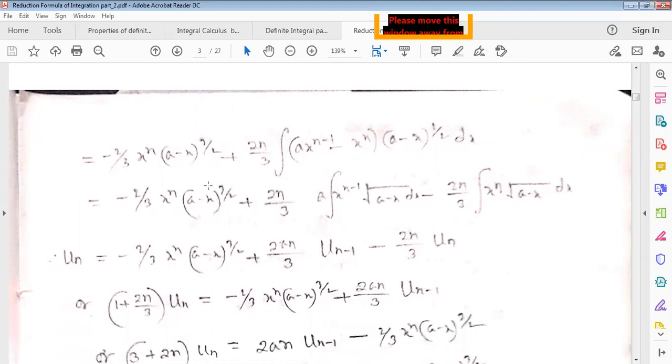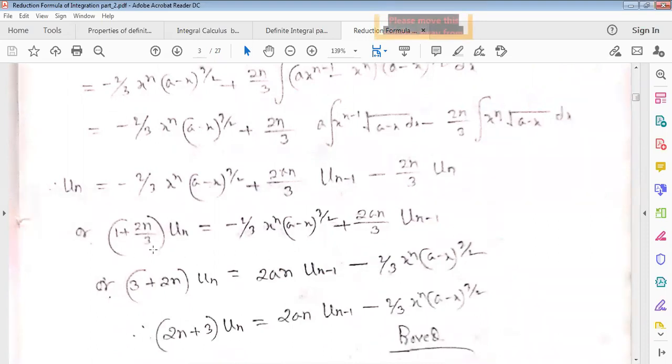Now un equals to this twice n by 3, this a also twice a n by 3, then this is the un minus 1, just putting n minus 1 in the given integral. This is the standard form of un minus 1, and this is also the standard form of un, twice n by 3 un. Now 1 plus twice n by 3, taking common un, taking in one side, 1 plus twice n by 3 un equals to this one.